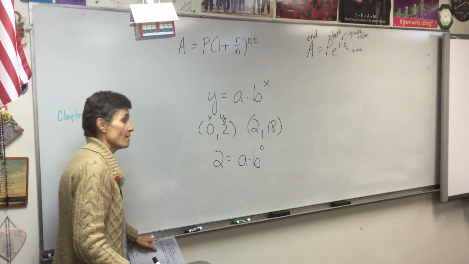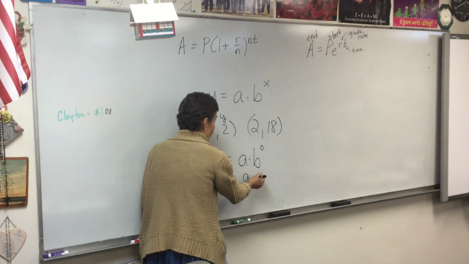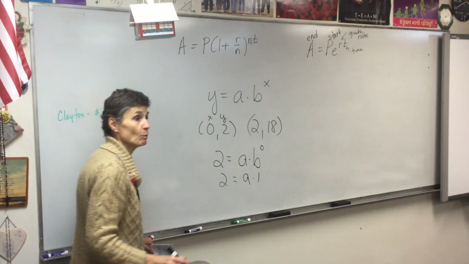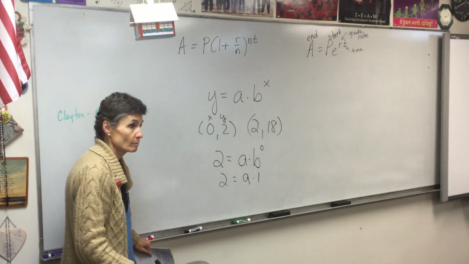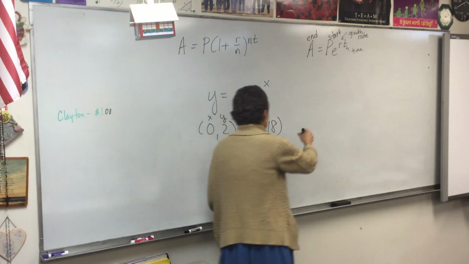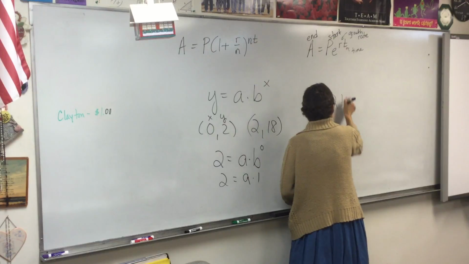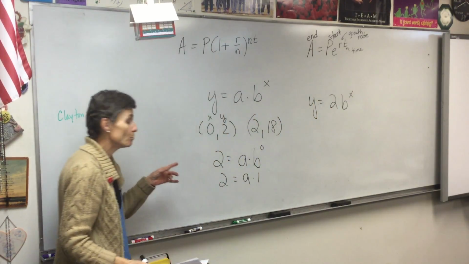And then we remember that b to the 0th is just 1. So A works out to be 2. This number's always A, isn't it? Yes, it is. So y equals 2b to the x is where we're at now.